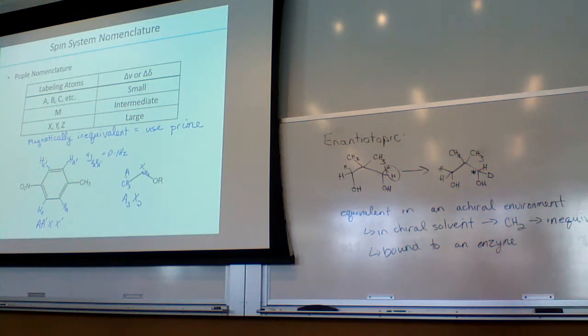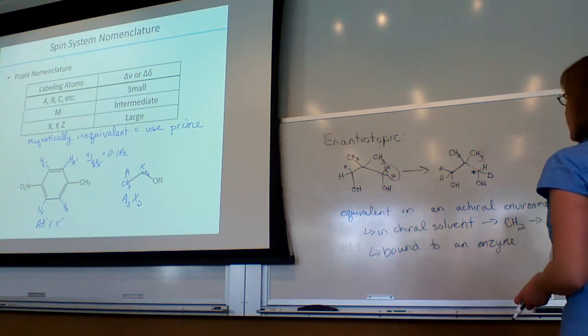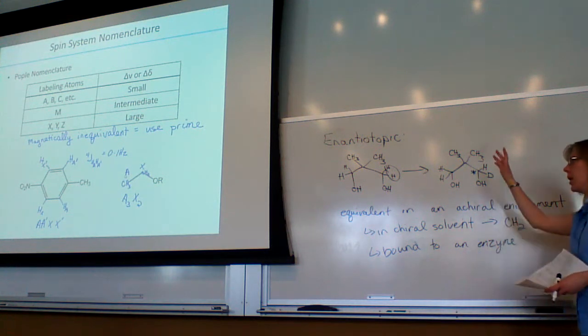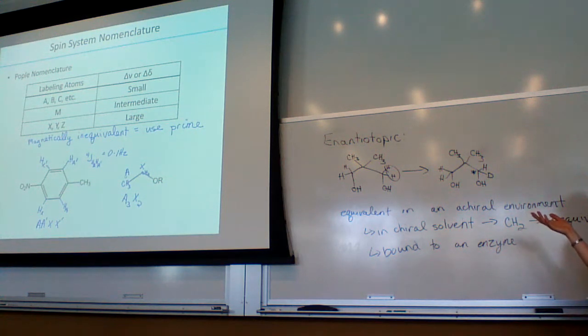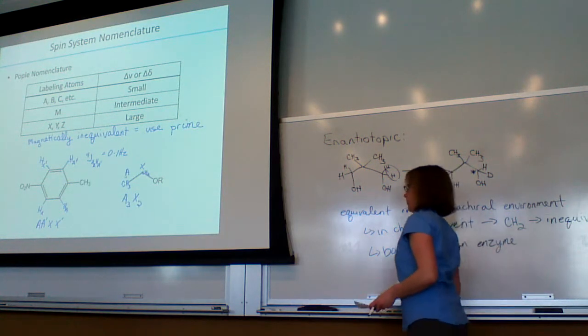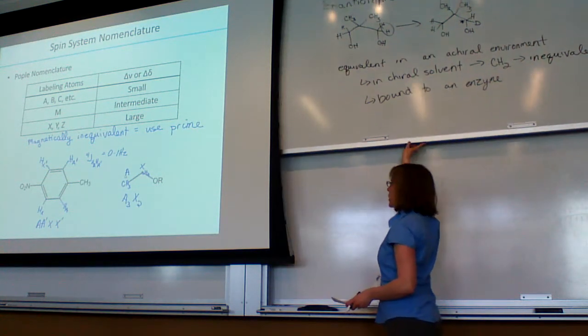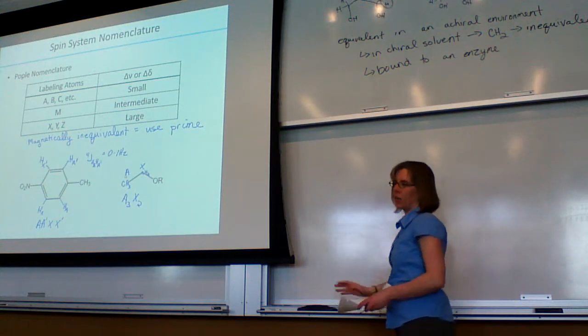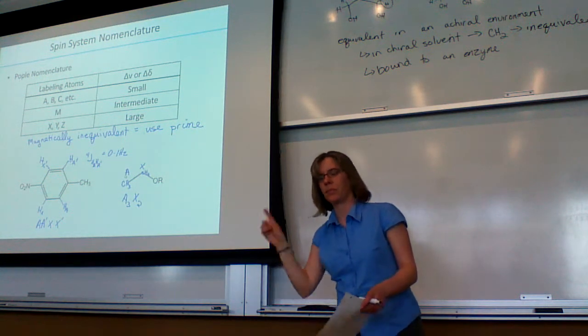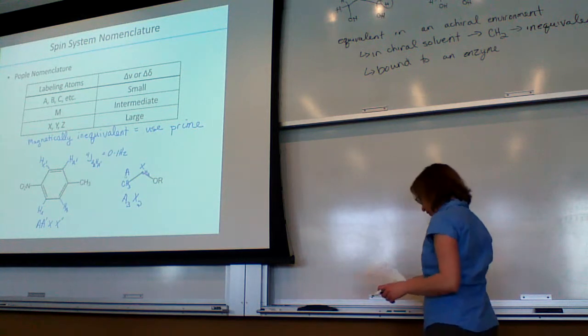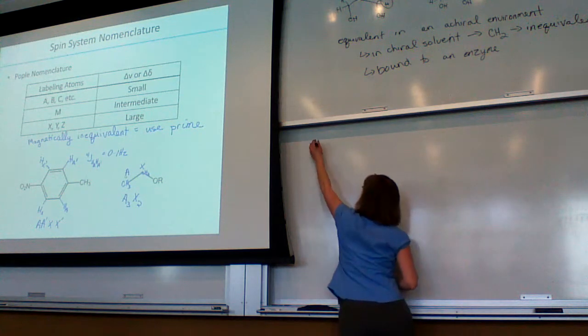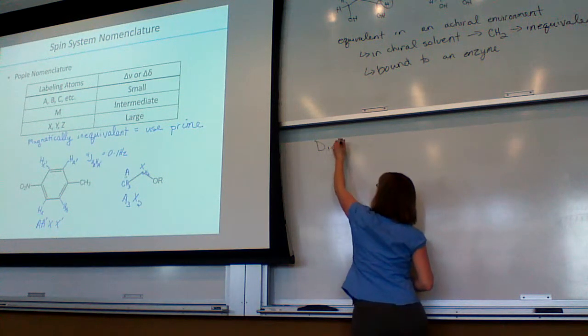It's very expensive, and we're not dealing with enzymes. So enantiotopic, for practical NMR purposes, are going to be equivalent. That means they show up as the same signal, and they couple to everything else equivalently. The last category that we have here is the diastereotopic.